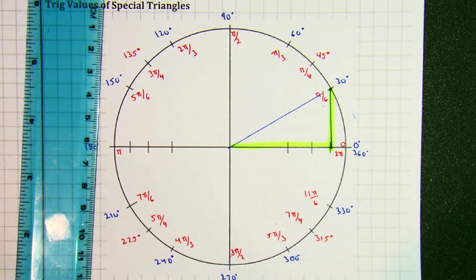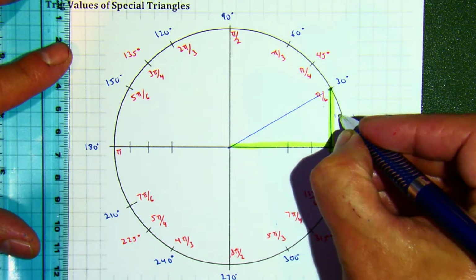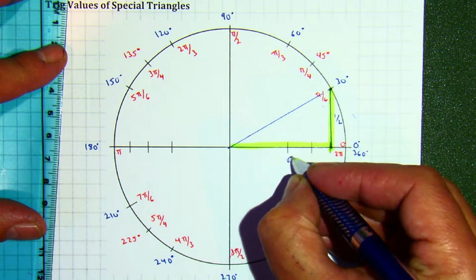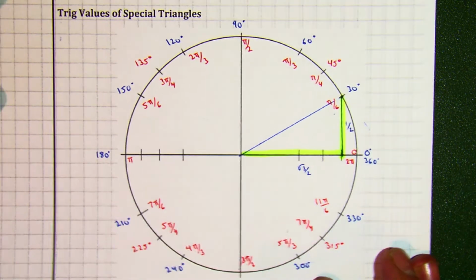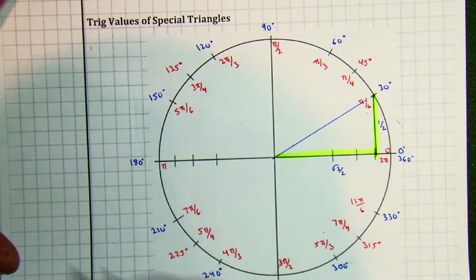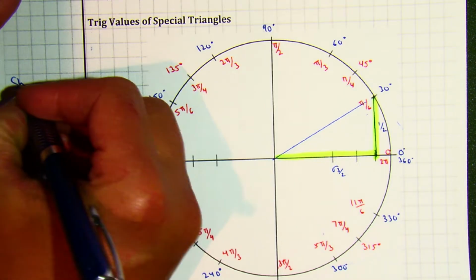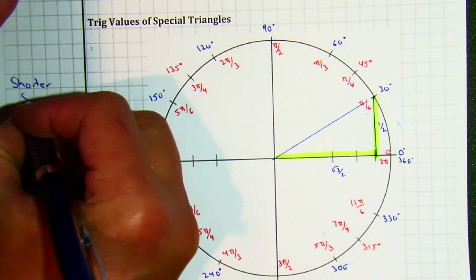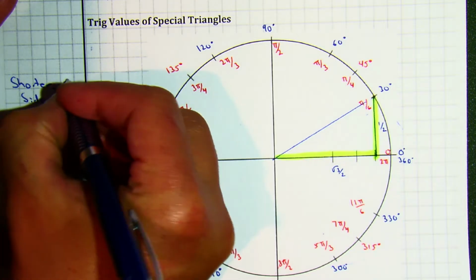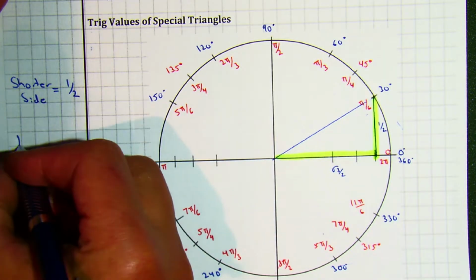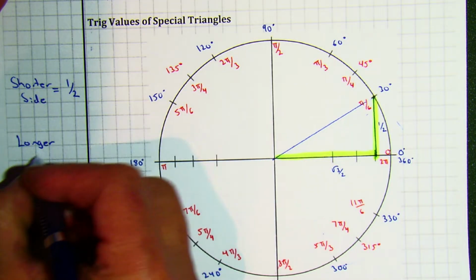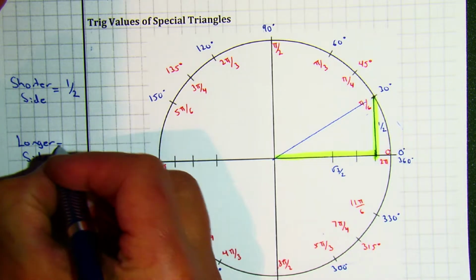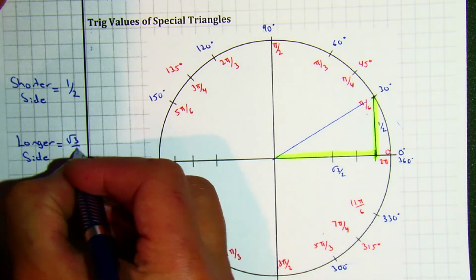The shorter side is 1/2, and the longer side is the square root of 3 over 2. So let's write down on the left-hand side. Shorter side is 1/2. Longer side is equal to the square root of 3 over 2.